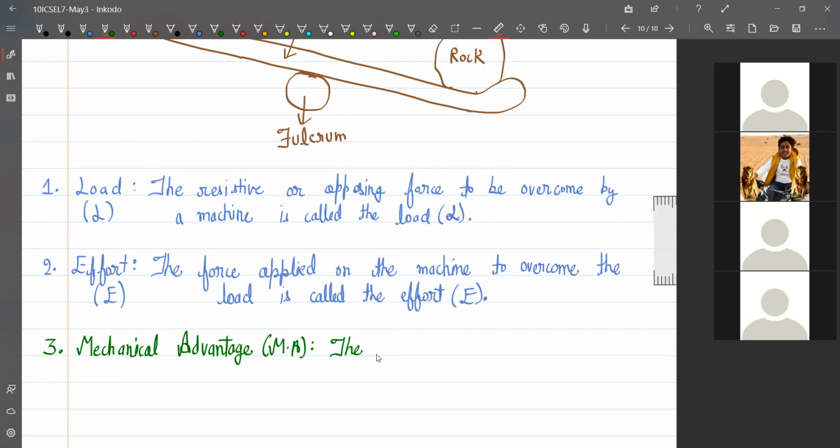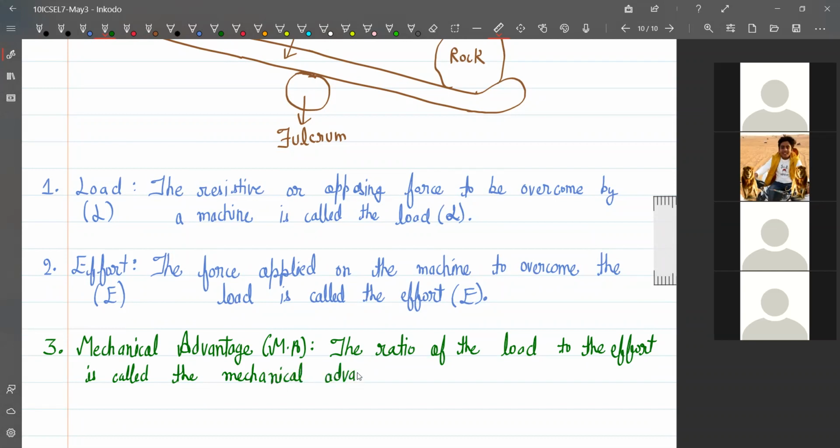It is the ratio of the load to the effort. The ratio of the load to the effort is called the mechanical advantage. Mechanical advantage MA is equal to load upon effort.